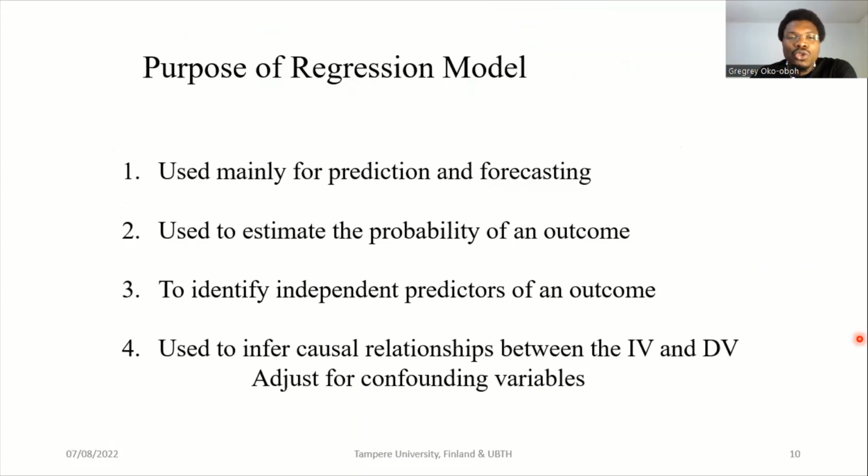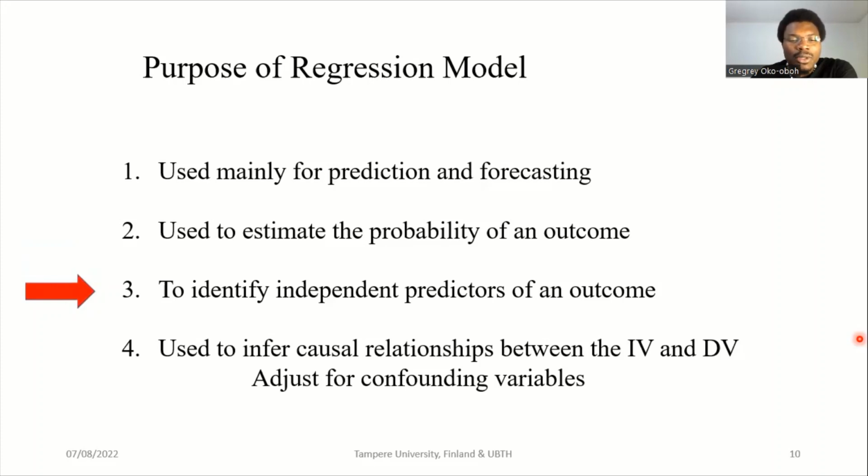Regression can be done for so many reasons in medical research, but here I've listed 4. The first is for prediction and forecasting, which is actually the major reason for modeling a regression in medical research. However, we can also use regression to estimate the probability of an outcome, given some sets of independent variables. We can also use regression model to identify independent predictors of an outcome.